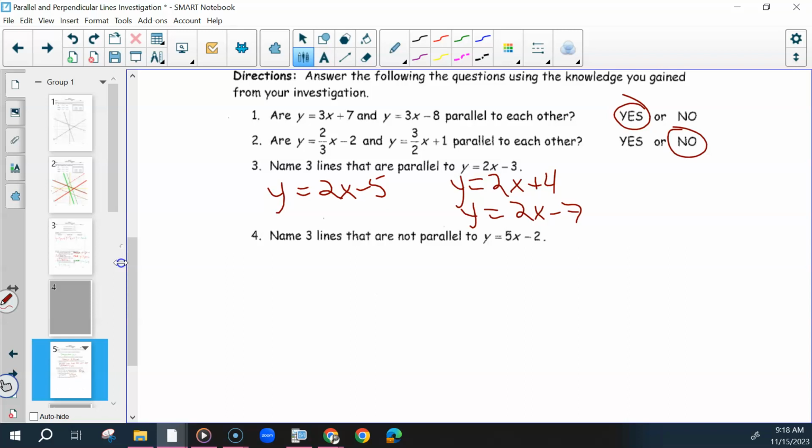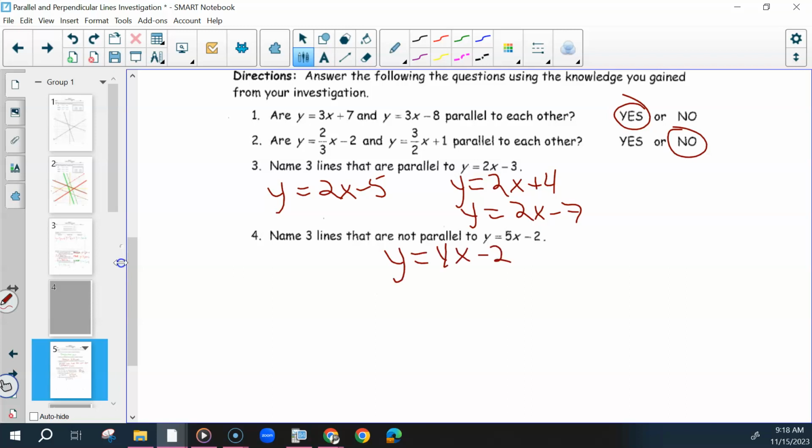Now give me 3 different people, 3 lines that are not parallel. So some equation that would not be parallel to this one. You can choose or I can volunteer you. Sure. Y equals 4x minus 2.